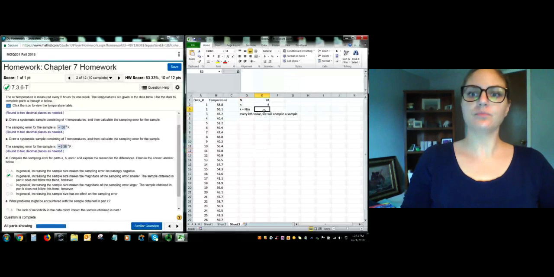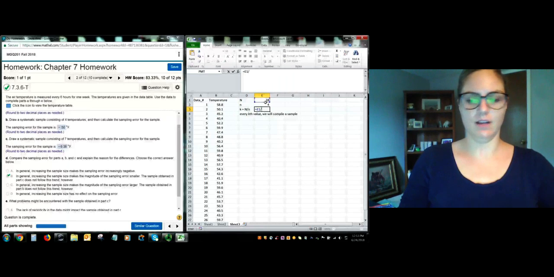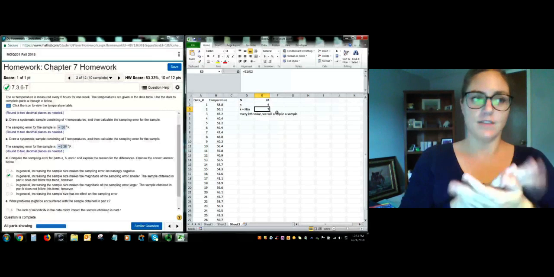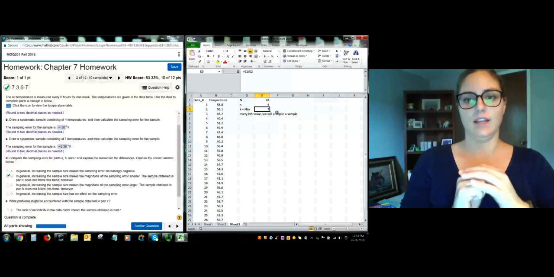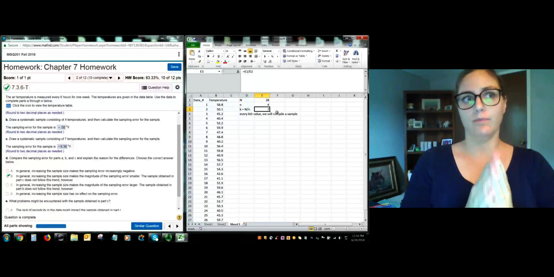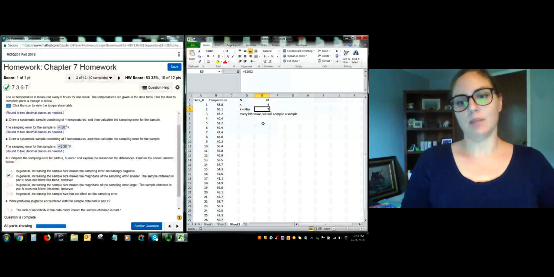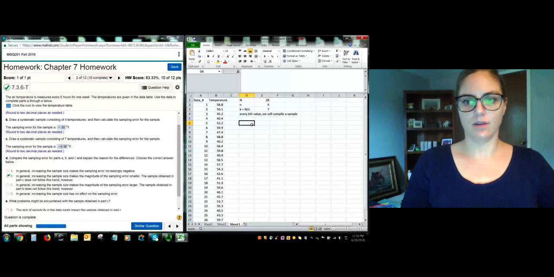So in this case, if I need 4 temperatures, I have to take that 28 and divide it by the 4. So this essentially means that I'm going to take every 7th value from this data set and create a sample comprised of 4 values.